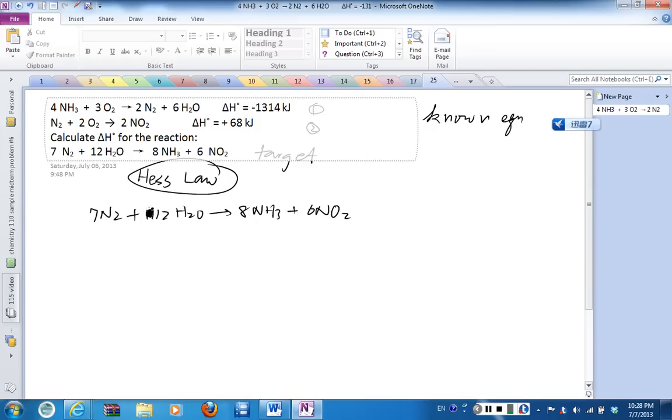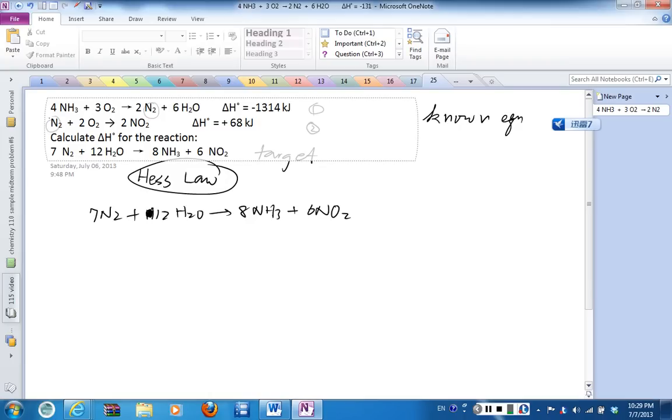Look at our first component of the target equation, nitrogen gas. Unfortunately, nitrogen shows up in both of the two known equations. That means it's going to be hard to deal with. How do you know its distribution into the two different equations? Whether it's triple the first equation and a single second equation, or double the first and five of the second, you don't know.